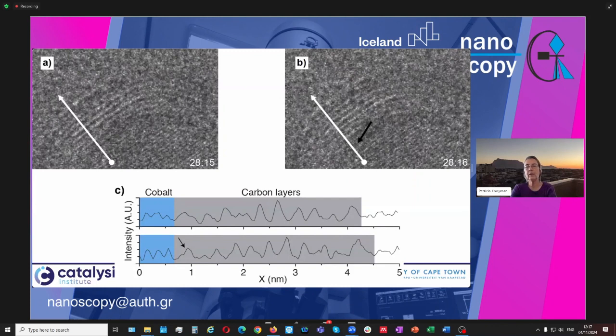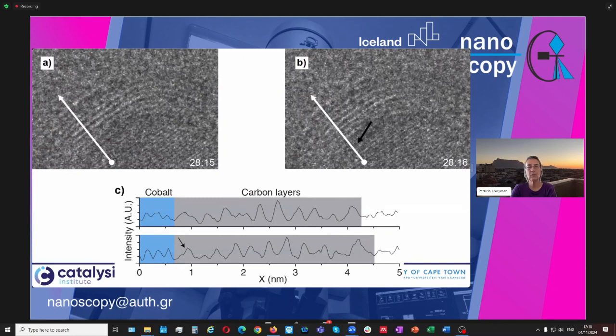So these are the two frames that we were flipping between in the previous slide. And what he did was measure the intensity along this white arrow. And then where the black arrow is on the right-hand side is where the surface of the metal particle is, where the new layer is being inserted.